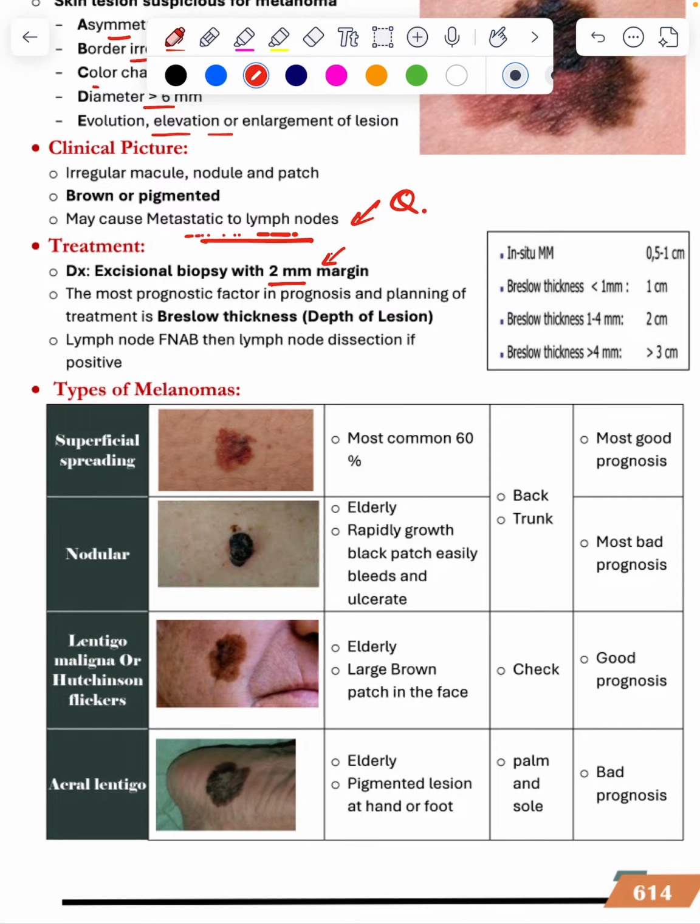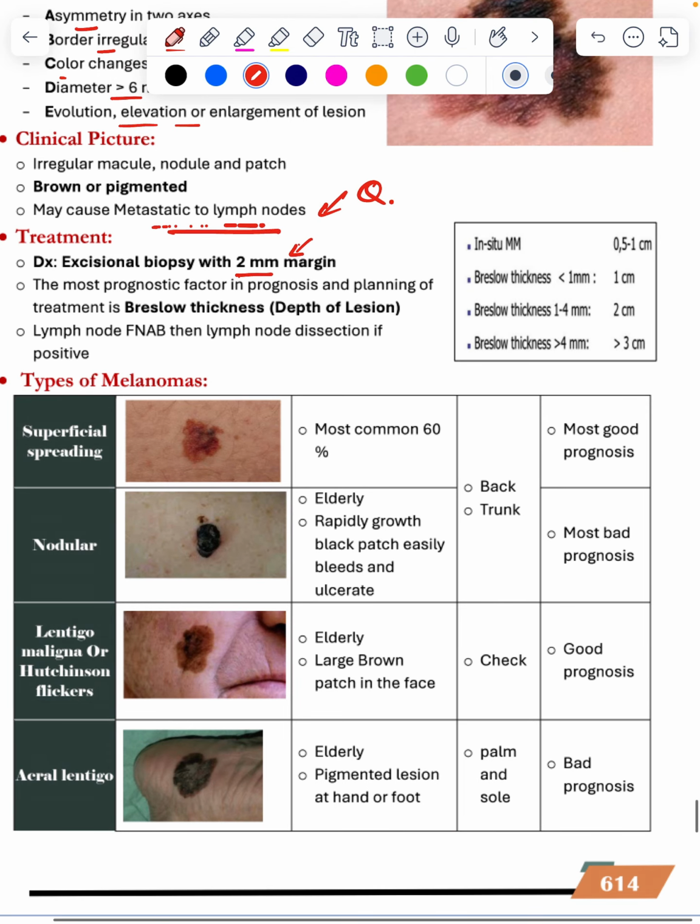Breslow gives the depth of the lesion. Depth of the lesion is important. In situ means it is not deep, it is limited to cells. If thickness is less than 1 millimeter, then a 0.5 to 1 centimeter margin is enough.